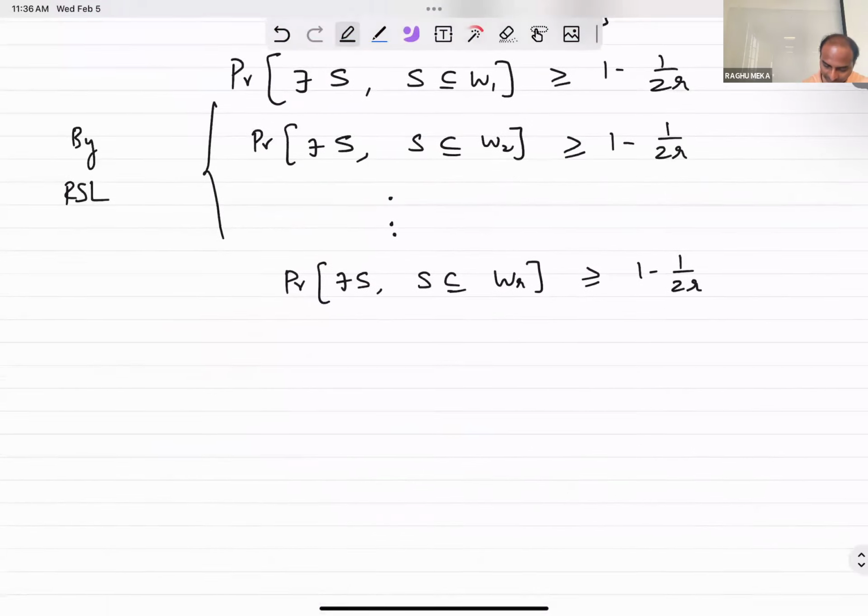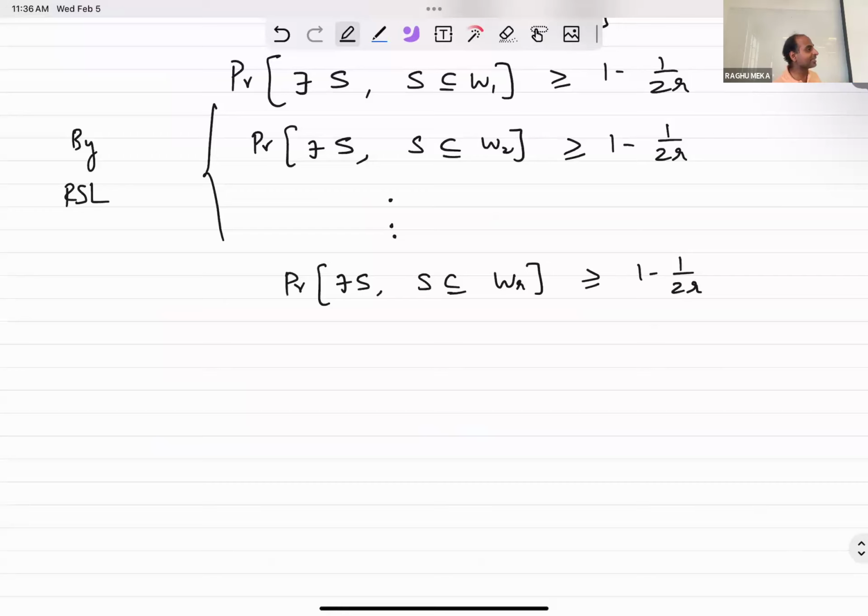So if all of this happens simultaneously, then I'm happy. Each one has a high probability of happening, but we need to argue that there's a high chance that all of them happen simultaneously. How can I argue that?